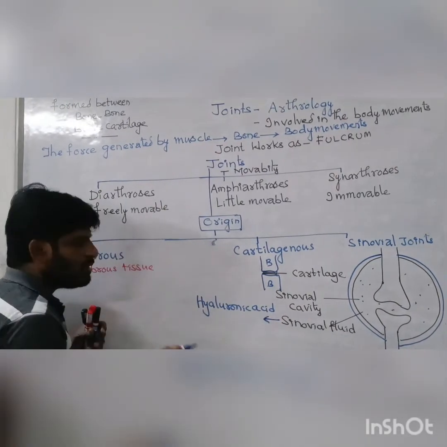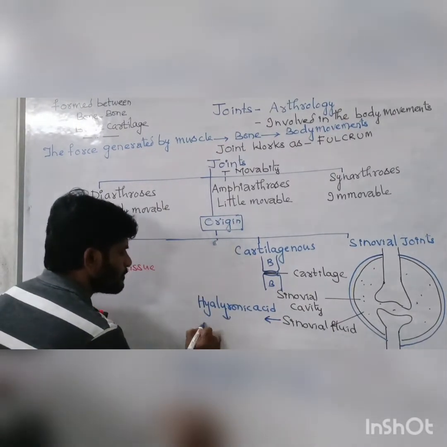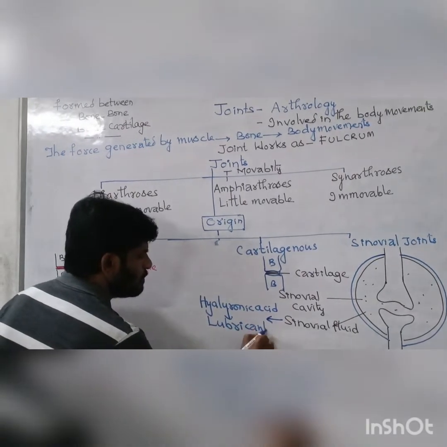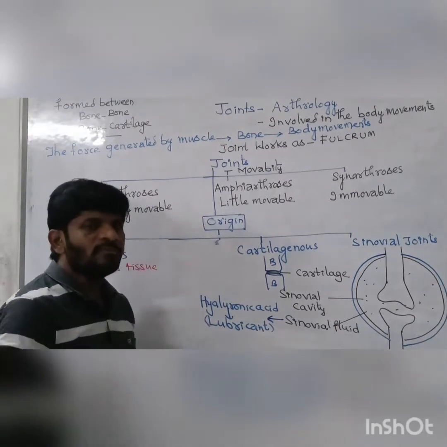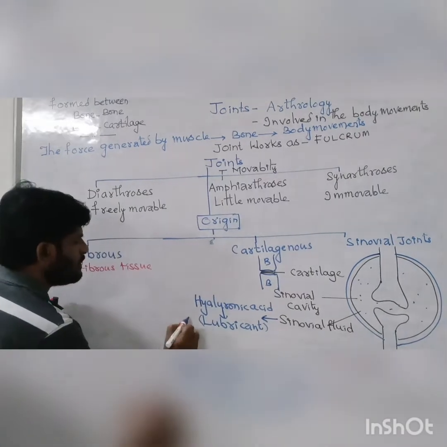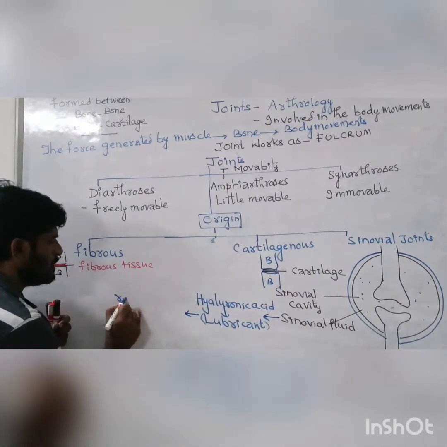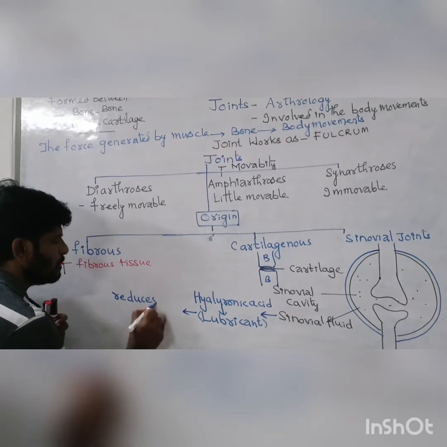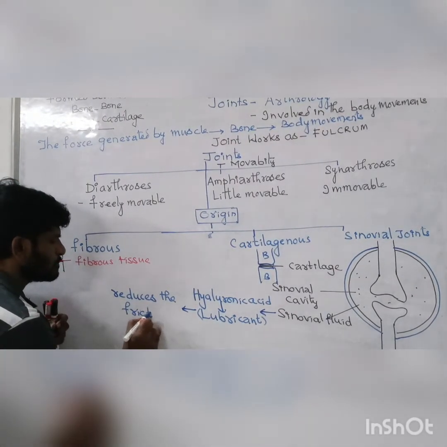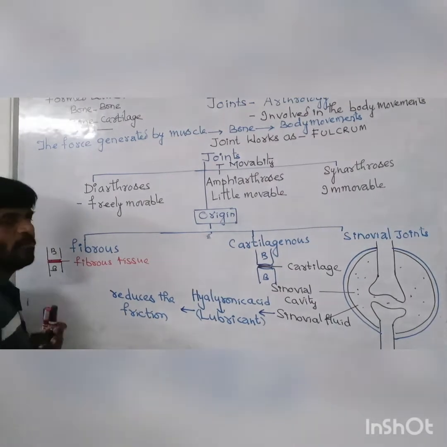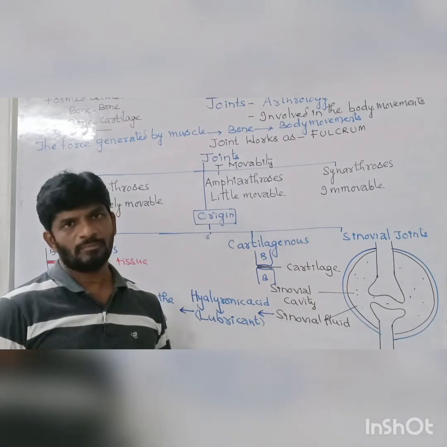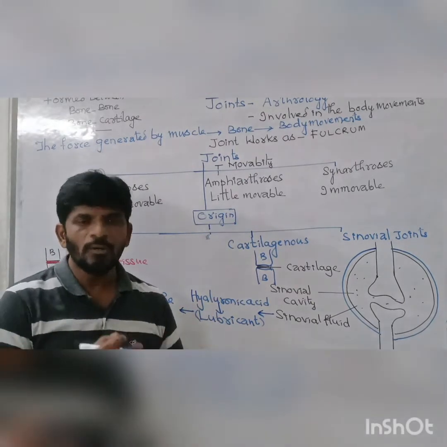Actually, hyaluronic acid is a lubricant, and because of its lubrication activity, it reduces the friction between the two bones. That is why the bones are not eroded. Ultimately, the bones will work properly.